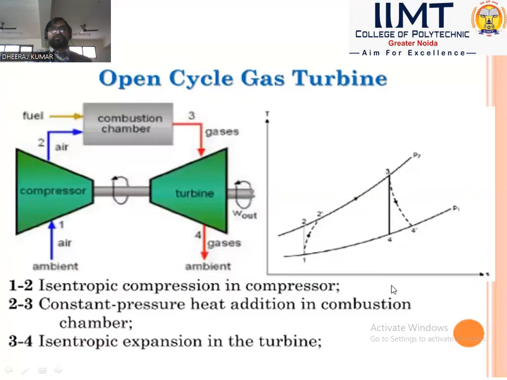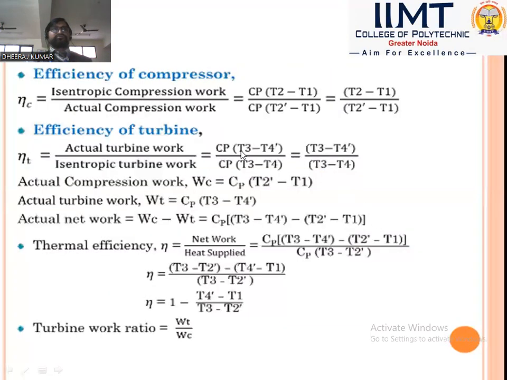This is the expansion process. Actual turbine work is H3 minus H4 dash, and isentropic turbine work is H3 minus H4. Enthalpy is a function of temperature, so this is Cp (T3 minus T4 dash) upon Cp (T3 minus T4). Cp cancels out, giving (T3 minus T4 dash) upon (T3 minus T4).